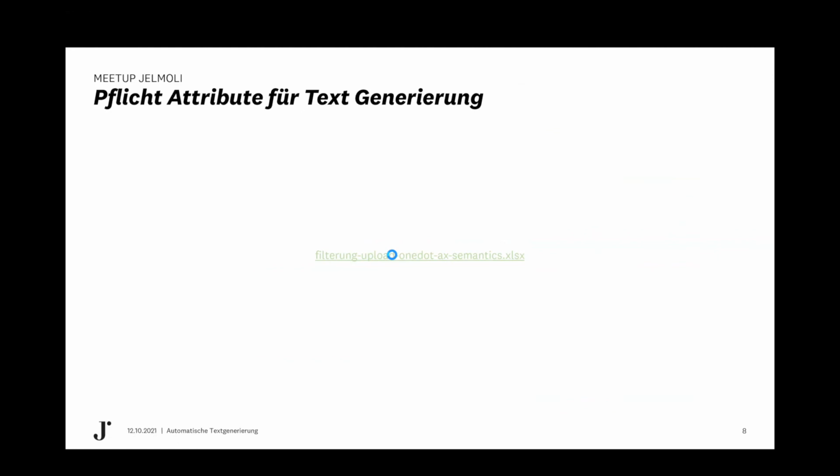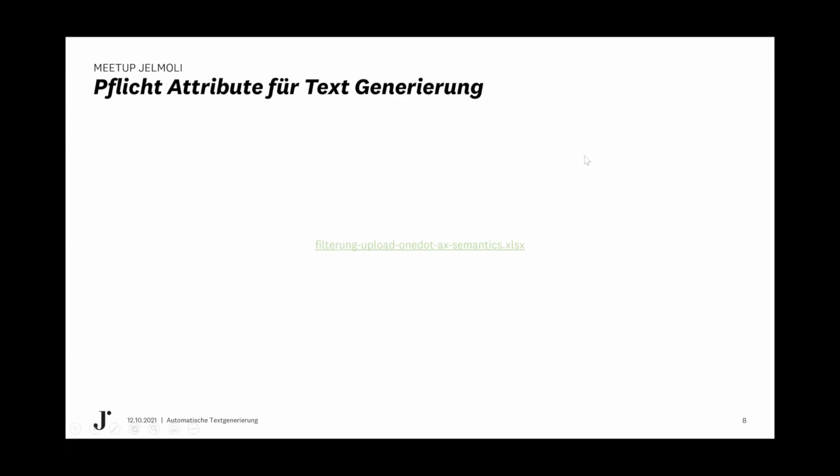So the minimum that has to be entered in order to receive good, high quality text, because if you don't enter enough information, you will have short text of lower quality. And the more information you provide on an item, on a product, the better and the more detailed the text will be and the more targeted.